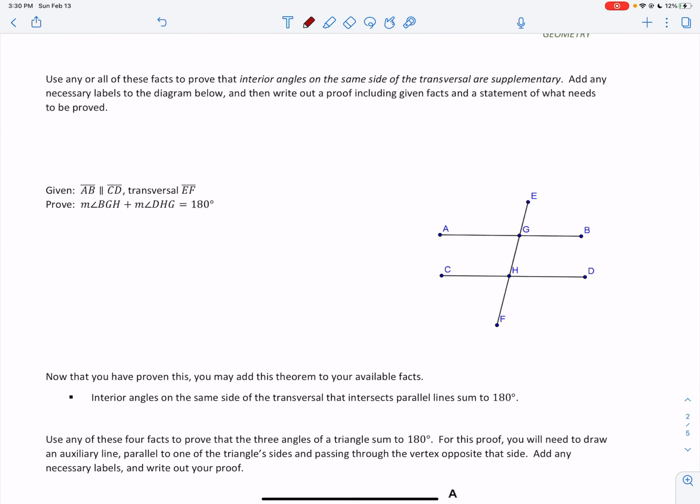So using any and all of these facts to prove that interior angles on the same side of the transversal are supplementary. So if we're trying to figure out two angles right here like that, and say that they add up to be 180, then maybe we label it, maybe we don't. I kind of want to get y'all used to this notation because, of course, you can go to each one of those angles and label it with a letter.